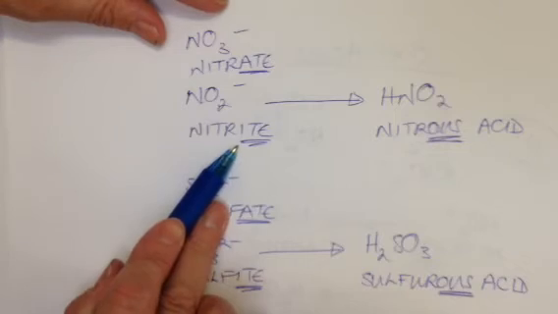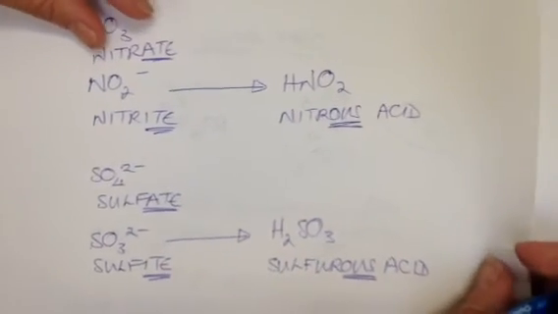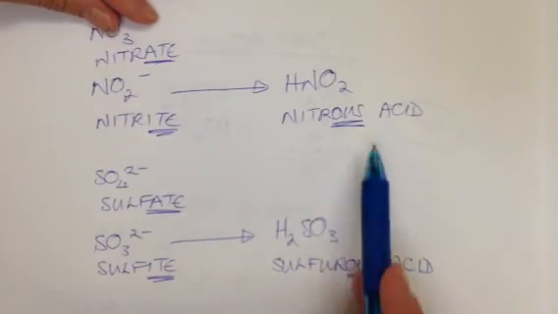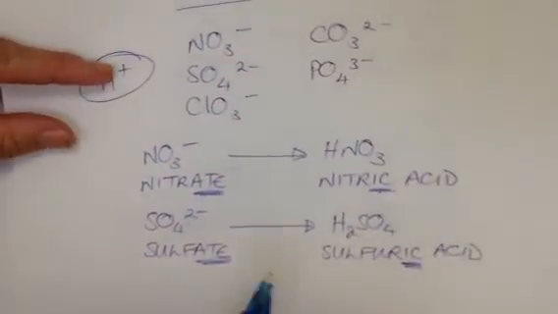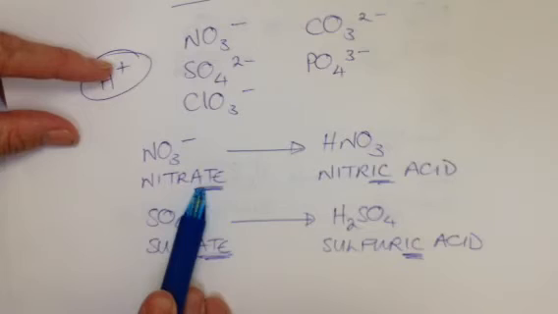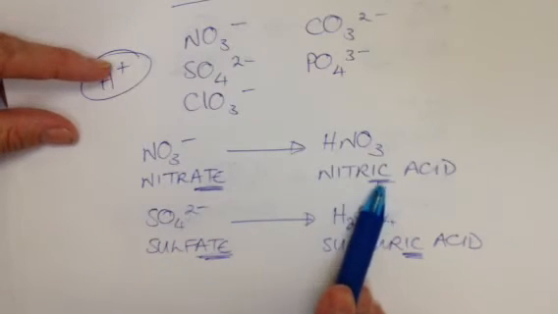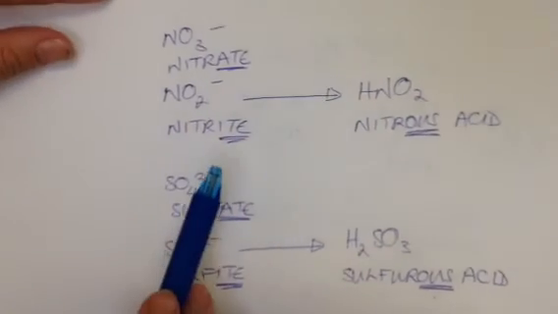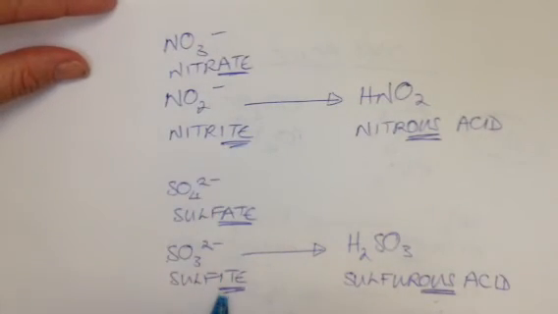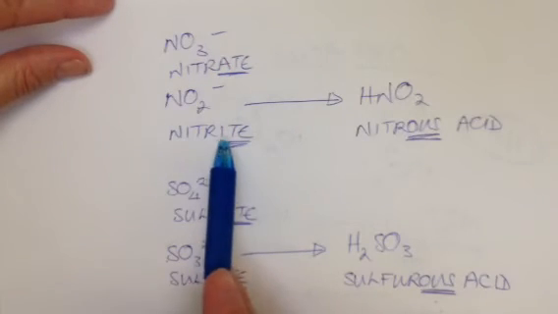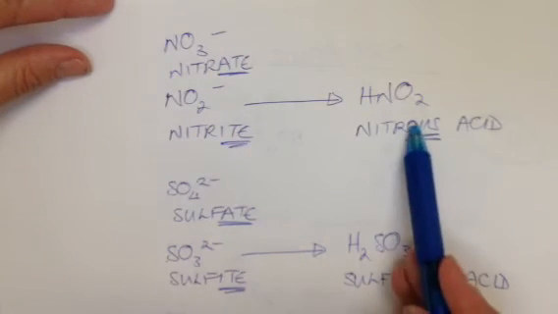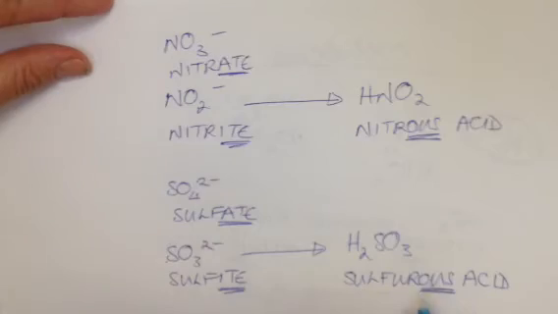Ions that end in ite form acids that end in ous. Okay, so let's review. Ions that end in ate form acids that end in ic. Ite ions have 1 oxygen less than ate ions. And ite ions form acids that end in ous.